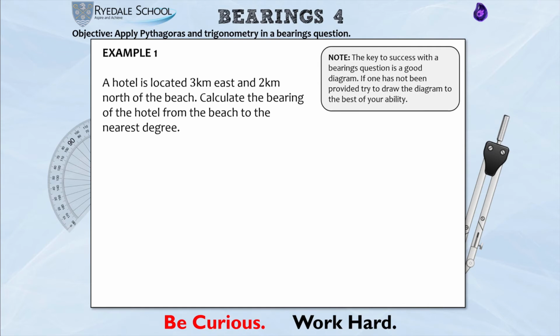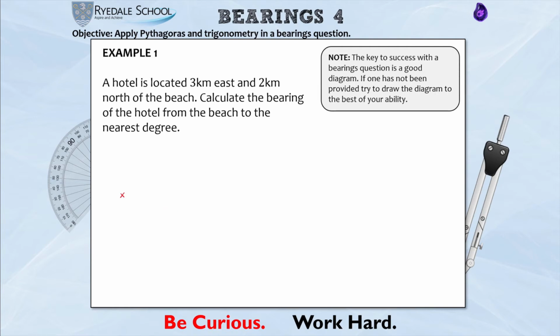So often when we do work with trigonometry, we might round answers to 1 decimal place. Quite often with bearings, we actually just end up rounding to the nearest degree. So what does this diagram look like? Well, we are told that a hotel is 3 kilometers east and 2 kilometers north from the beach.